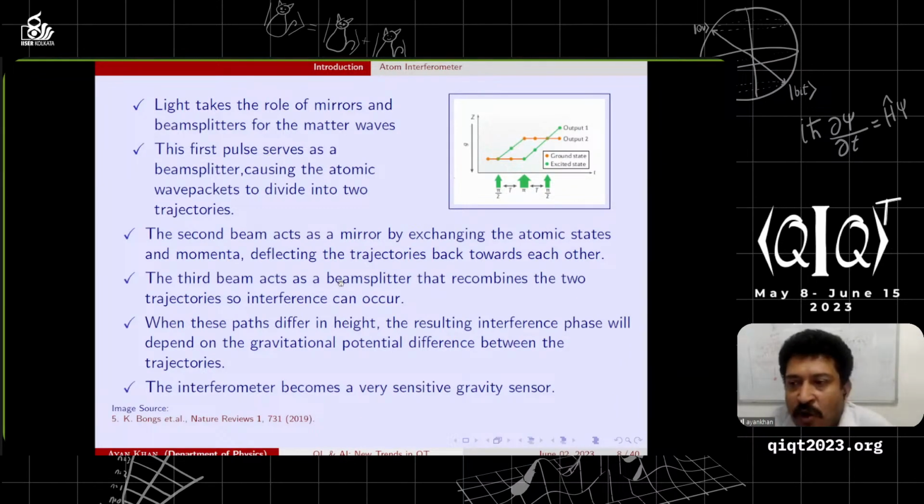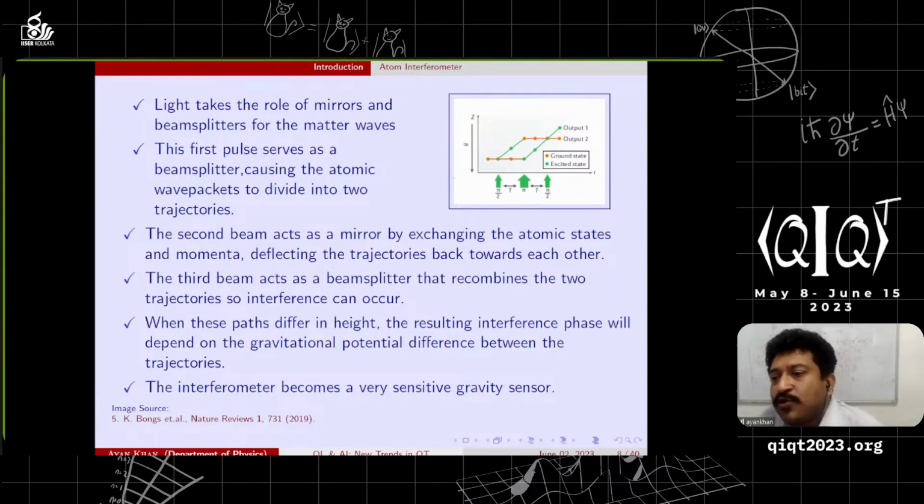This is the interference of matter, which we know is possible. From de Broglie's theory, you already know matter has a wave property. So we are exploiting those ideas. When these paths differ in height, in real space, this path difference is happening, and there is a velocity gradient. Using Newton's laws of motion, we can calculate the trajectory if there are 3 points, using the formula s equals ut plus half ft squared. We can get some expression for x.